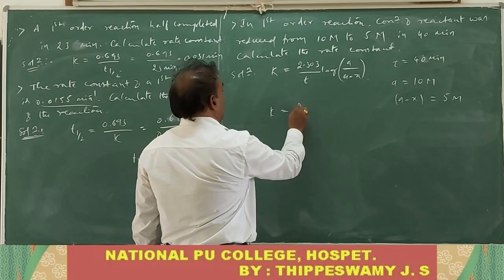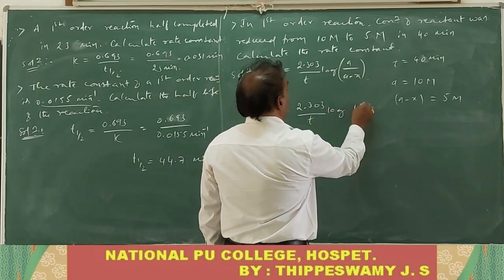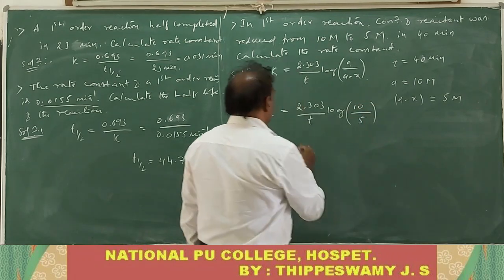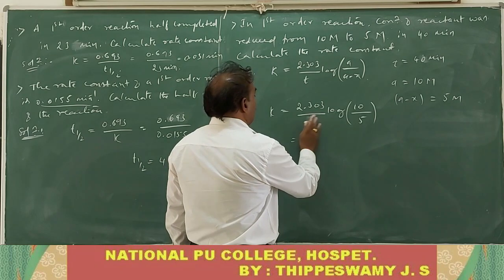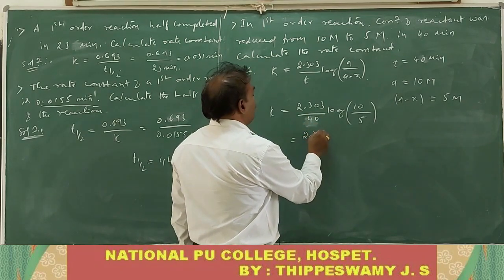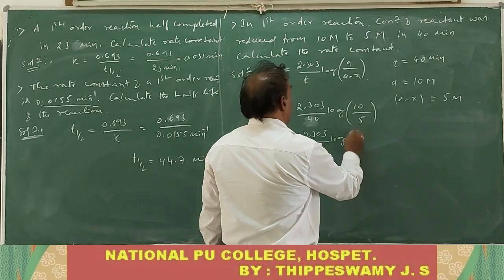K is equal to 2.303 by t into log of 10 M divided by 5 M. Write the value of the time, 40 minutes. So 2.303 by 40 into log 2 only.